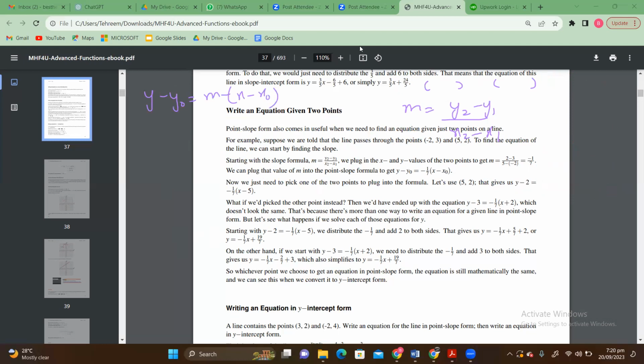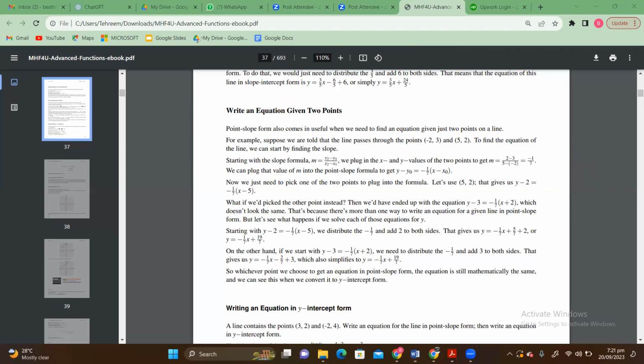There is a confusion that we need one point of the line to put in these two variables. Now we got two points and we don't know which point to put, so we mathematically solve by putting in both of them, and we find that they are both mathematically the same. It means we can choose any one of the points and put it over here, and we will get the point slope form.